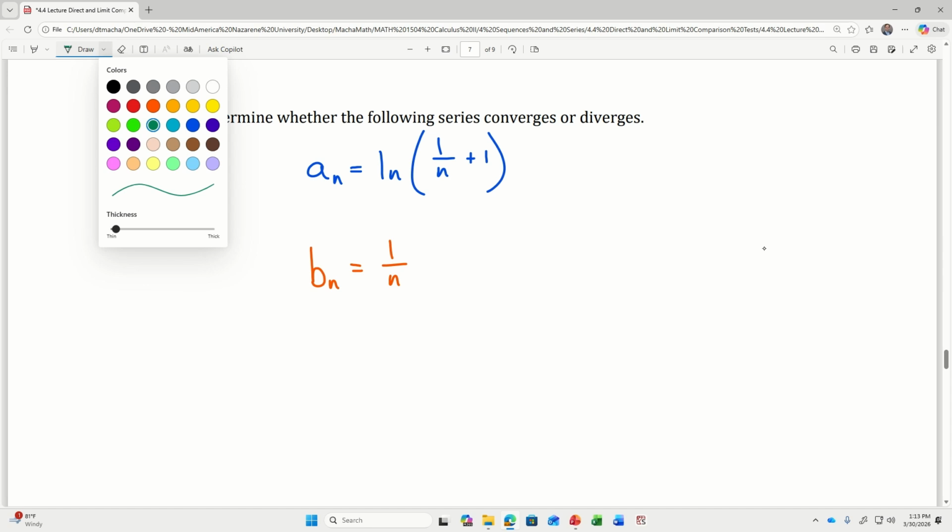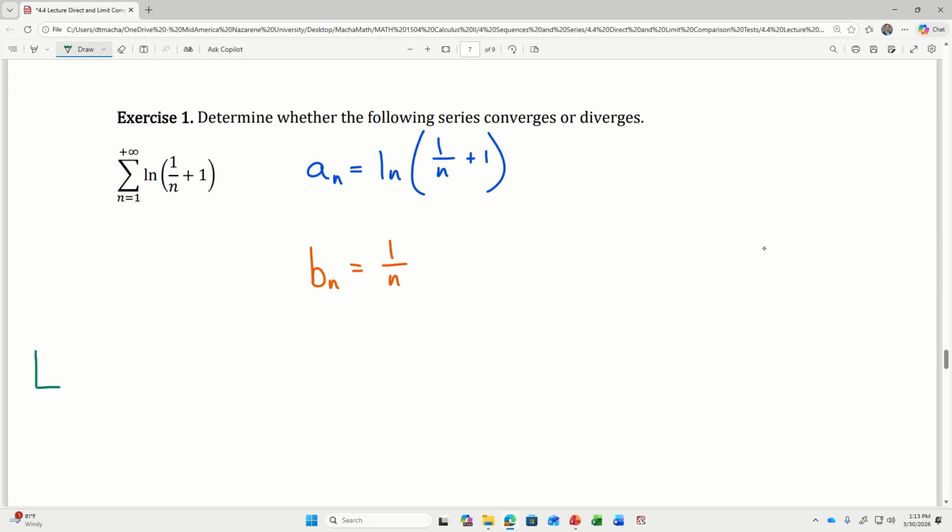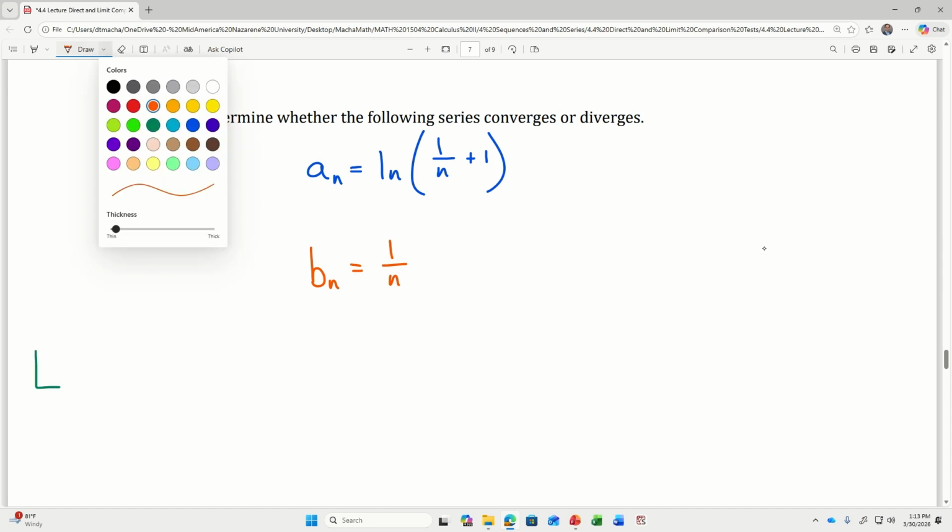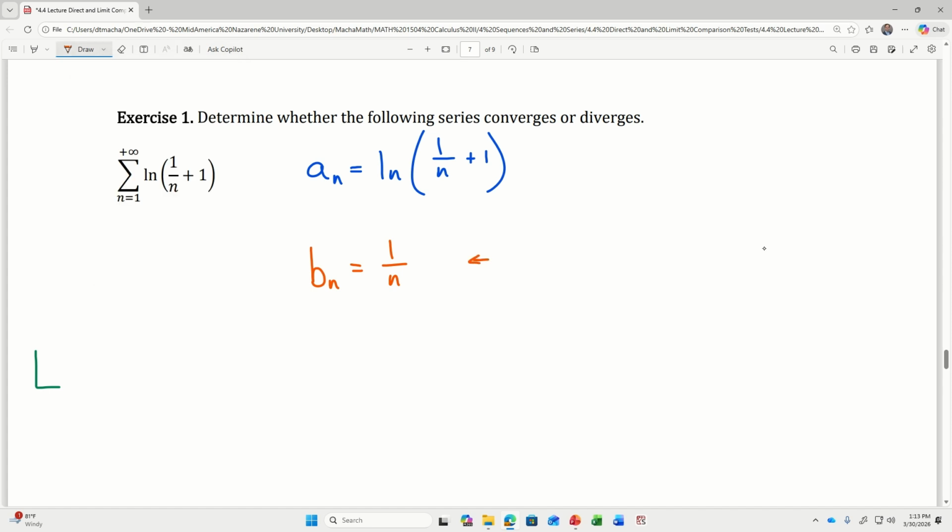First of all, let's investigate really quick: what happens to the series 1 over n? The sequence 1 over n would converge to 0, but the series diverges.